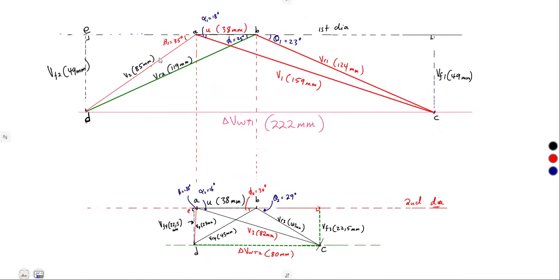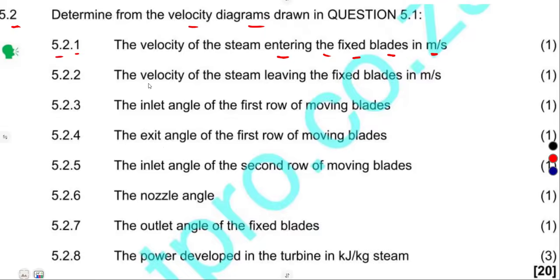So what enters is the exit from here. This is the one that will enter. So that's our V2. Just like the angle beta 1 is entering the fixed blade, but there is the exit. So V2 is the exit from what we have on the first diagram, but it means it will be the entrance of what? Of here on the fixed blade. So that's V2 that they're referring to.